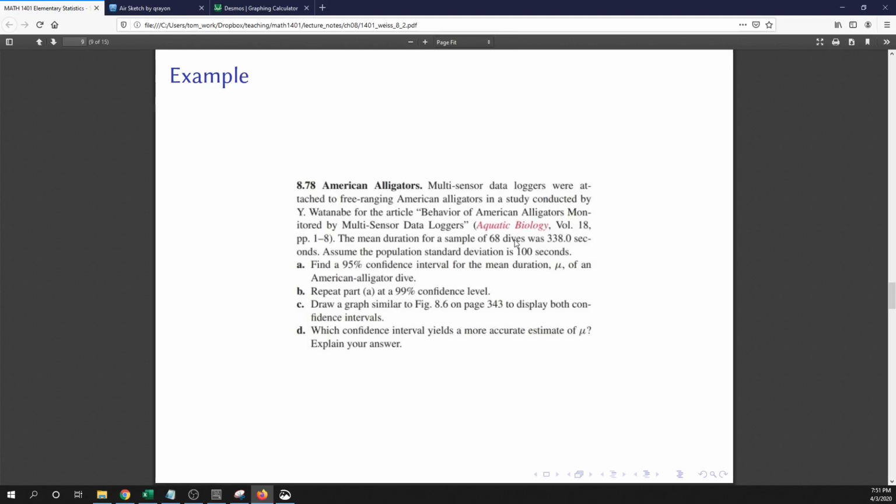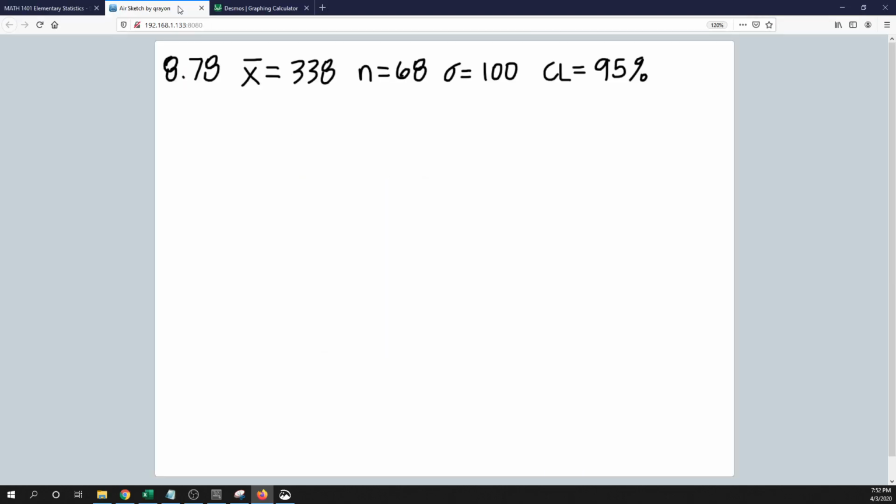Population standard deviation was 100 seconds. And we want a 95% confidence level. All right, so 338, 68, and 100, and 95.